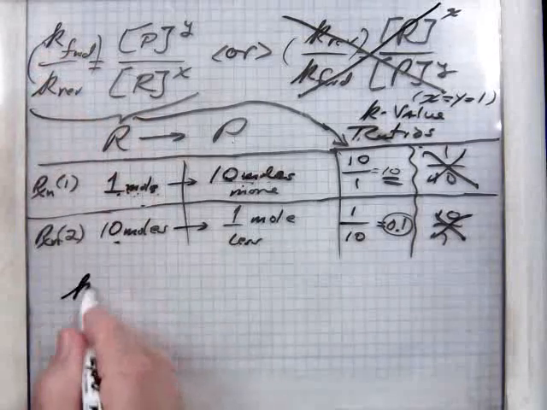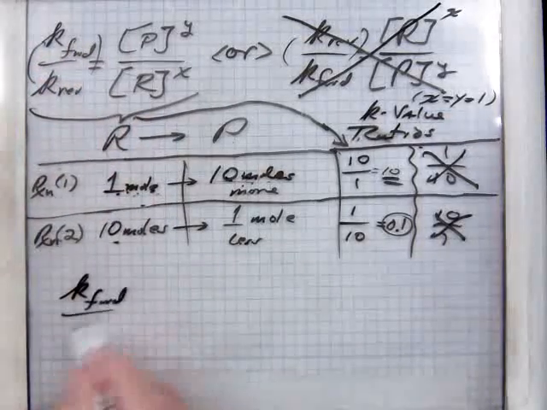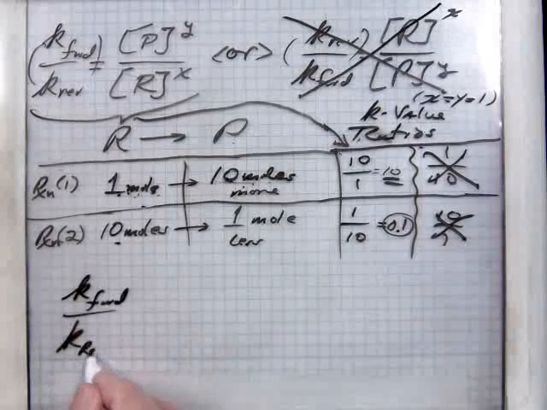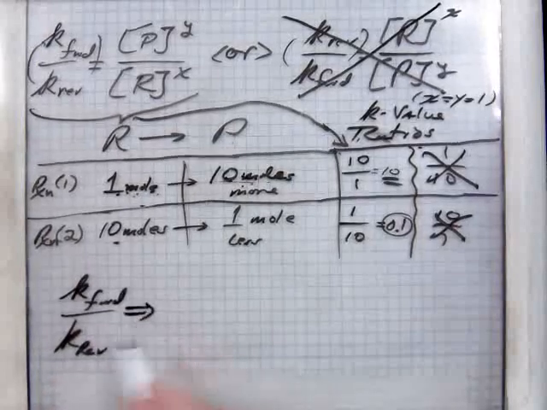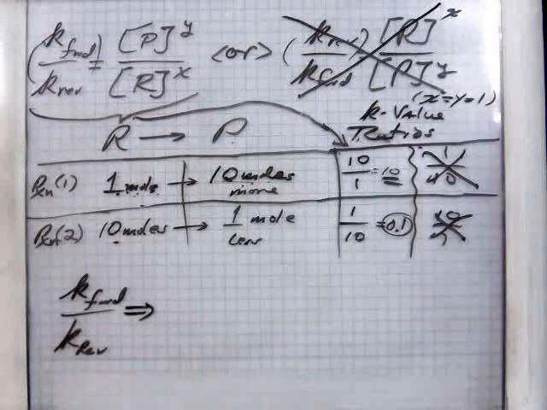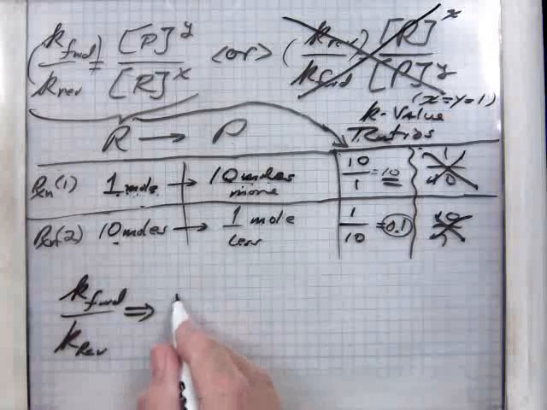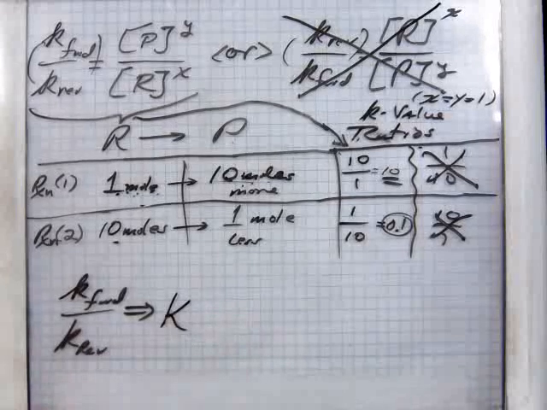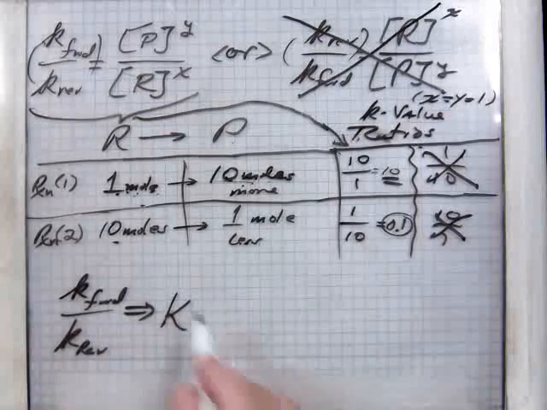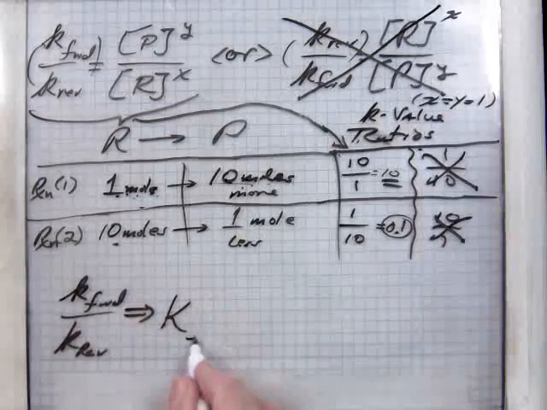So if I have K forward over K reverse, then I'm going to change that or redefine it. You don't need to know what the K values forward and reverse are. All you need to know is that you're working with that ratio, forward over reverse. And the K is called the equilibrium constant.